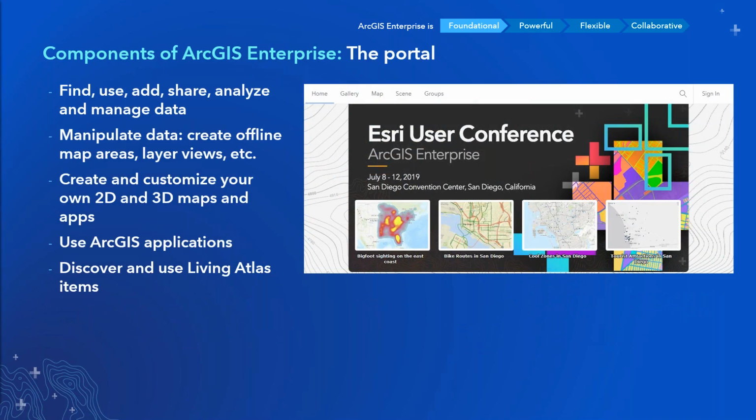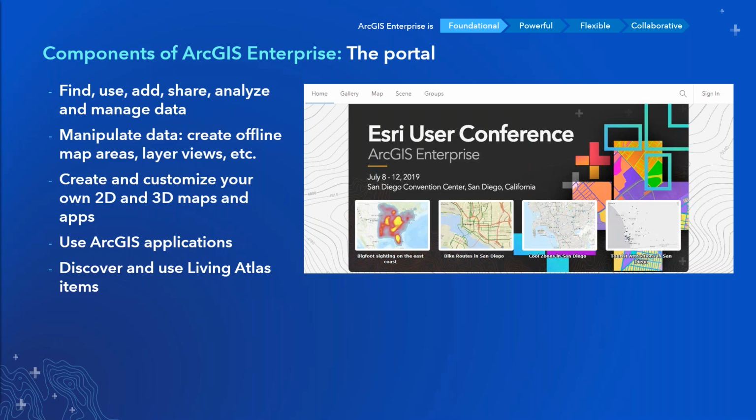So the portal is really where you find, use, add, share, analyze, and manage data, right? Many of you have used a portal before. It might not have been called ArcGIS Portal, but you might have used ArcGIS Online, which is also a portal of Web GIS.